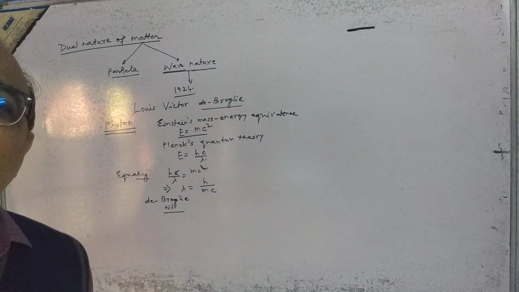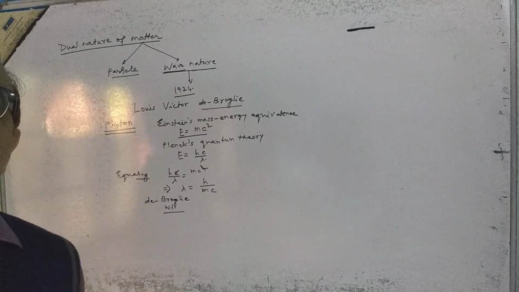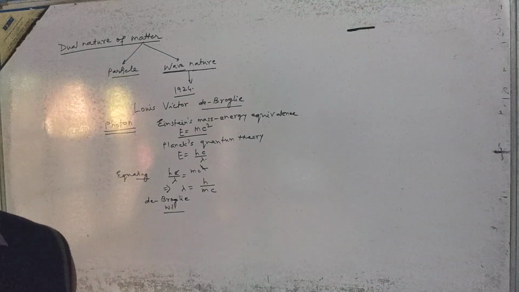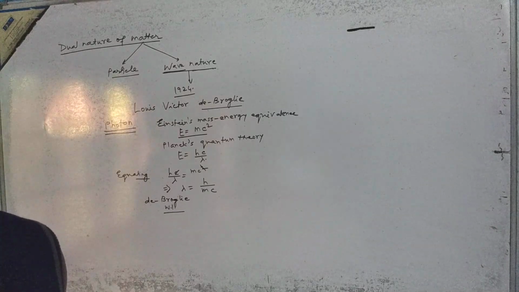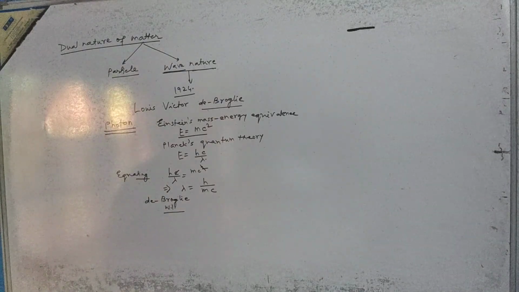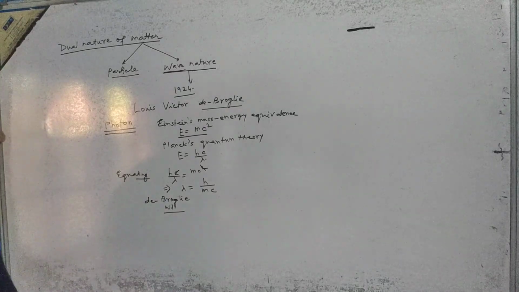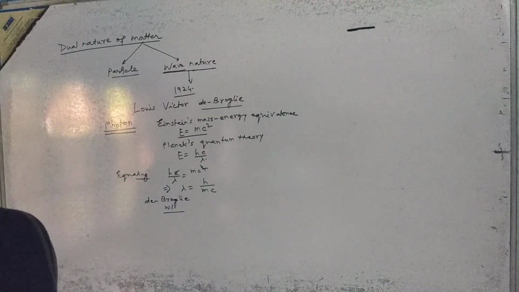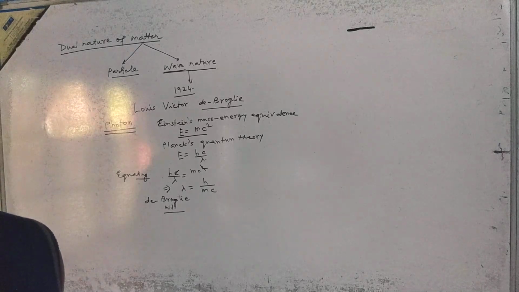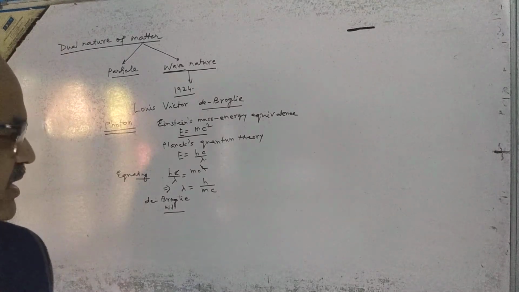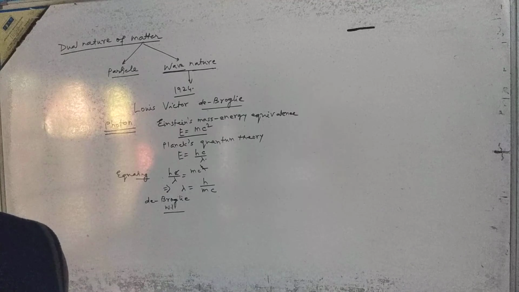De Broglie wavelength is the wavelength associated with the matter. This expression was determined in case of the photons.